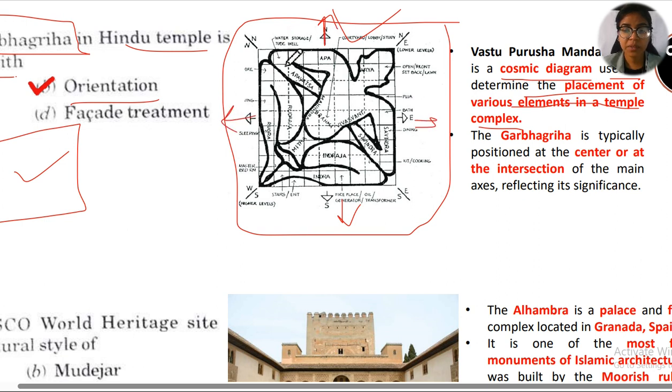It is mentioned over here that in the northwest you can place some water storage or tube well, or you can go for sleeping areas in the west. As per this diagram or mandala, it is also used to plan your dwelling units, like your houses.